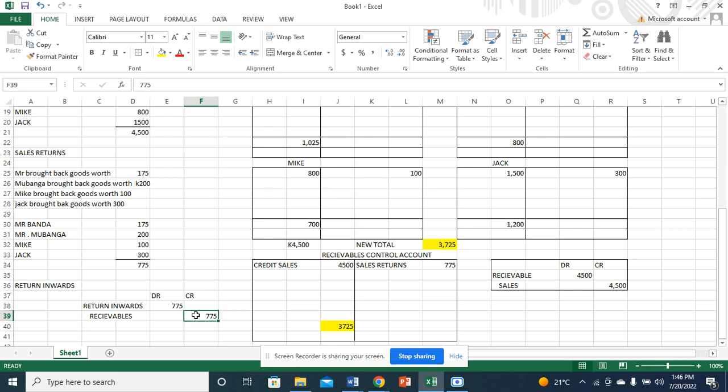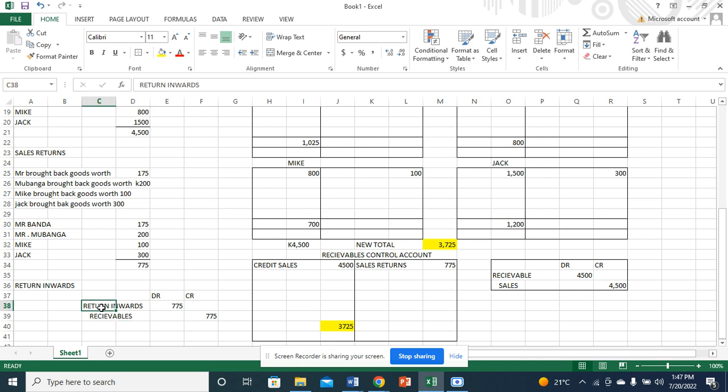That's a reduction in the receivable, and a reduction in an asset is credited. That's how we're crediting the receivables.